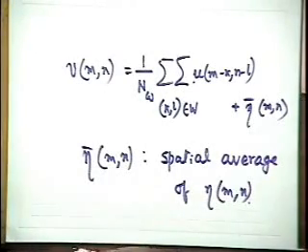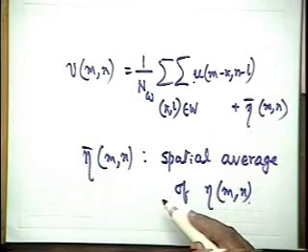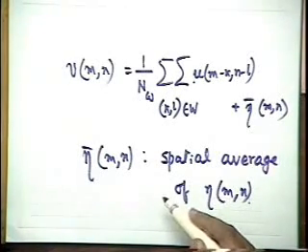Its mean is going to be the same, that is to say, even eta bar mn is going to have a zero mean, but do you know what should be its variance?